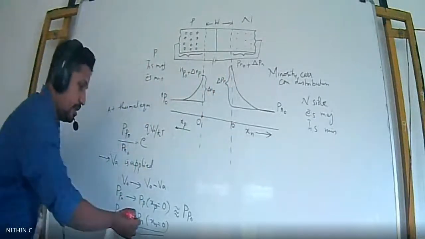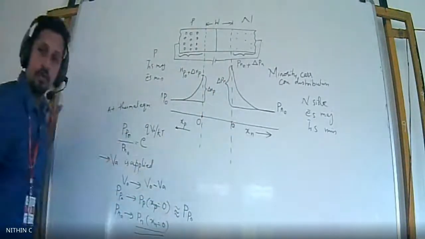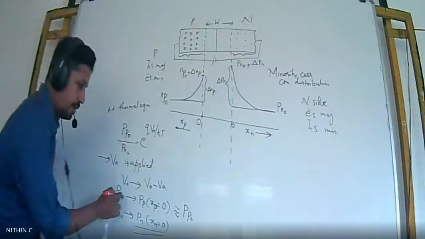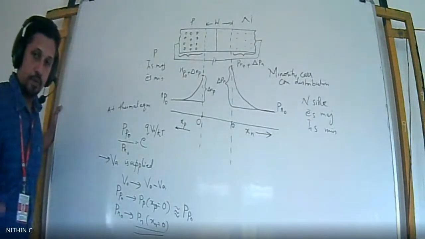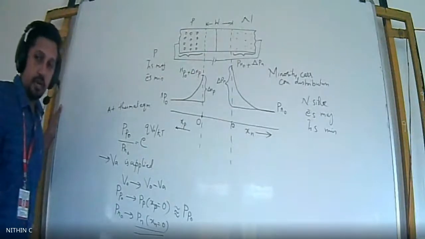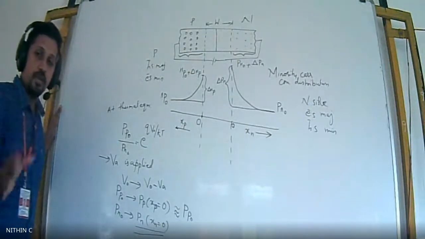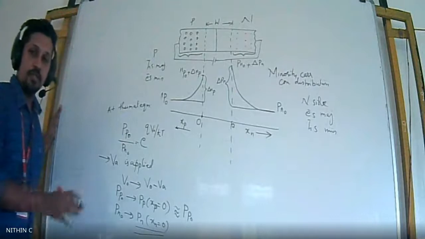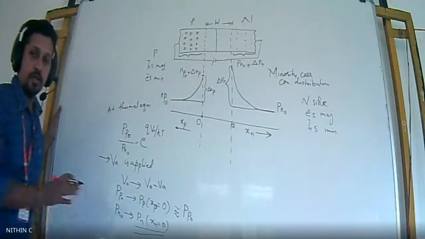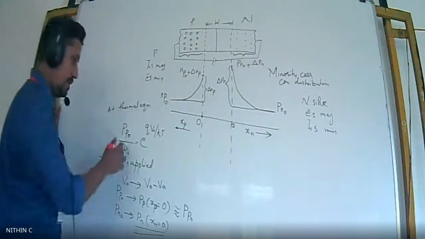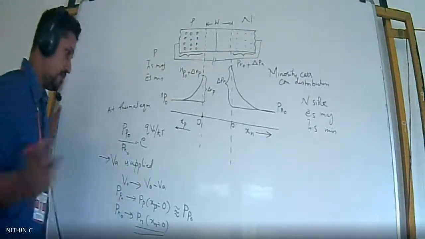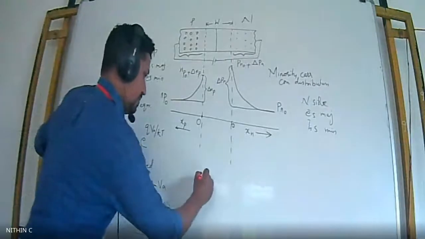So we can't say that this is equivalent to Pn naught. But Pp naught will remain the same. There won't be any change in that. Hope it's clear. Since low level injection is happening, there won't be any change in the concentration value of majority carriers. The only change will be in the concentration of minority carriers. So this expression can again be replaced as Pp.